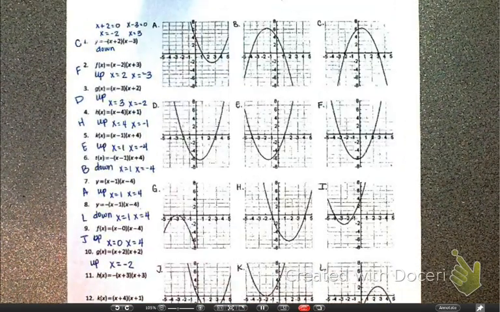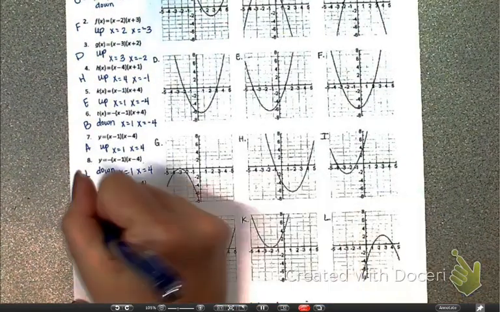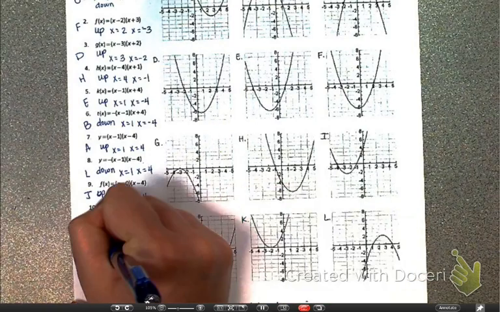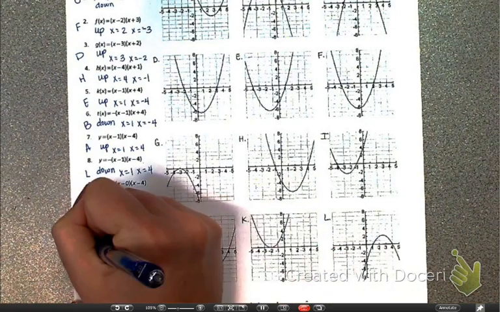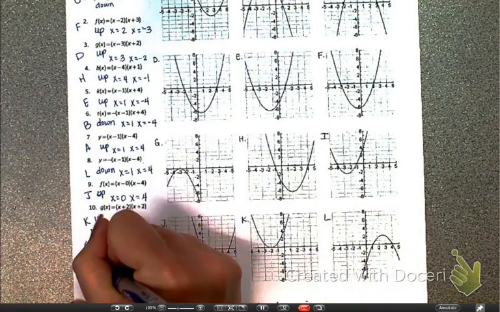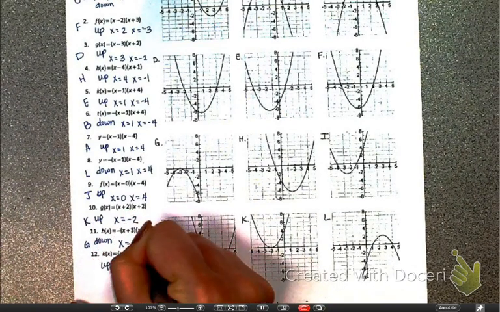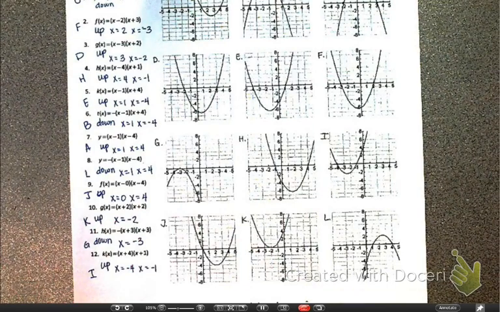So this means your vertex is actually on the x-axis. So that is going to be K. Same with number 11, except it opens down, but your x-intercept is -3, which means it is G. And lastly, you have number 12 with x-intercepts at -4 and -1, and you should have graph I.